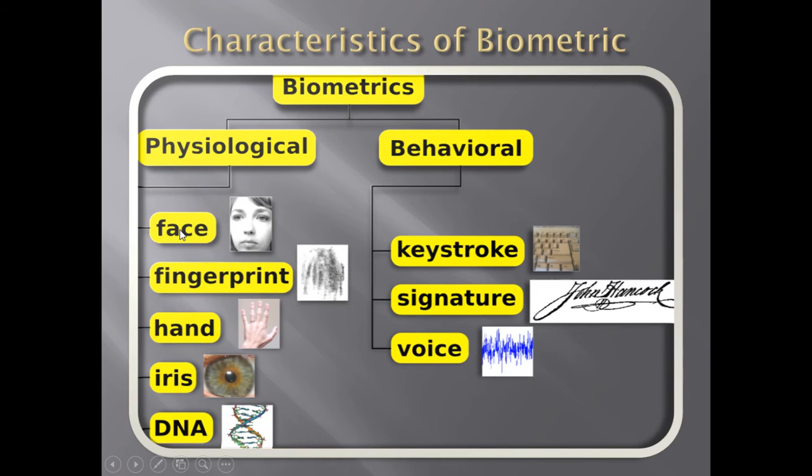You cannot have a face, a fingerprint or hand impression, iris. These are specified, because in the whole world their signatures are of a unique kind, and most importantly there is DNA. Most of the crime cases are solved through DNA only.